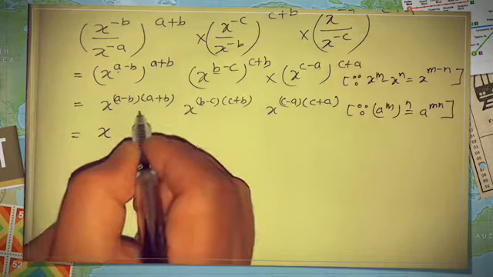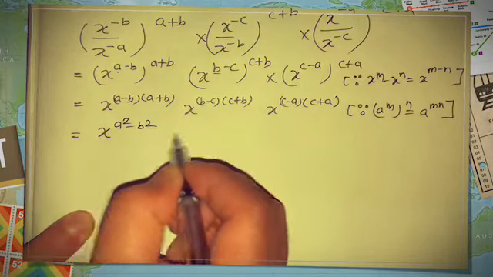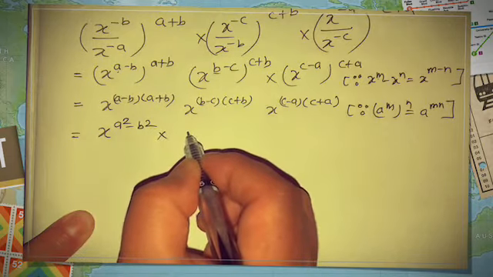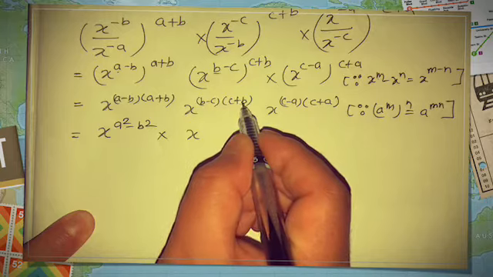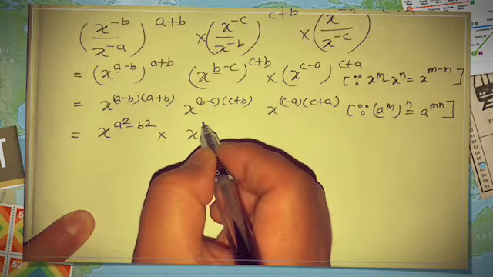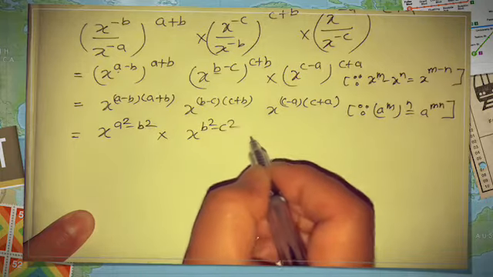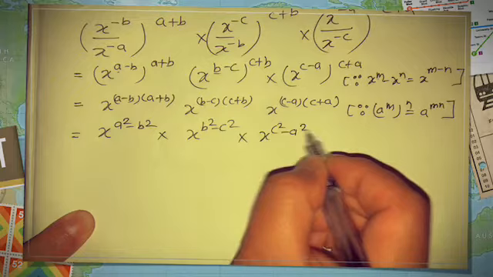So this is a formula. We can write here a square minus b square. Similarly, x, b minus c and c plus b. So this is also in the formula of a plus b and a minus b. So we can write here b square minus c square. Here also c square minus a square.